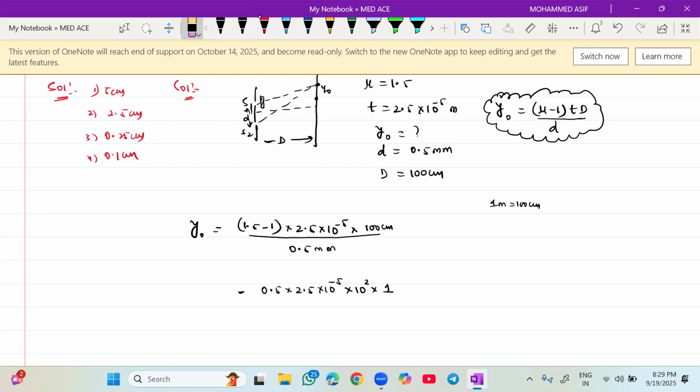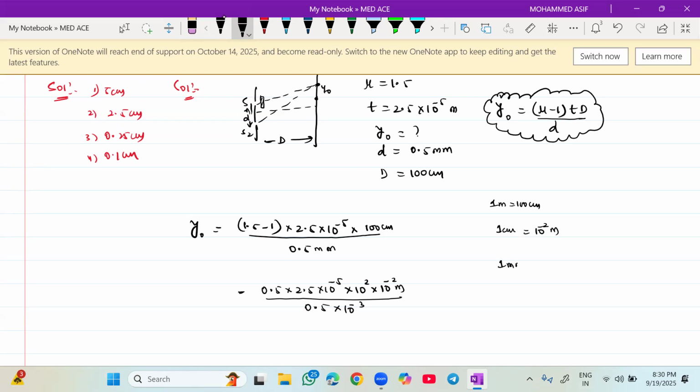So if I'm converting it, I'm writing that one as 100. And 1 centimeter will be equal to how much? 1 centimeter will be equal to 10 power minus 2 meters. So this will be 10 power minus 2 meters divided by 0.5 into 1 mm is 10 power minus 3 meters.